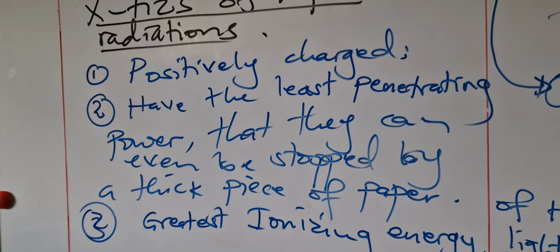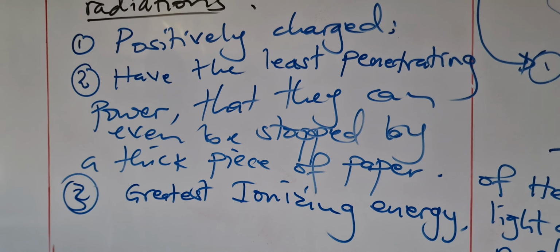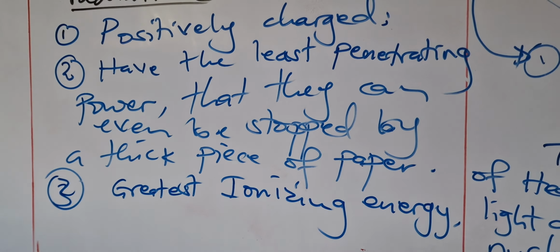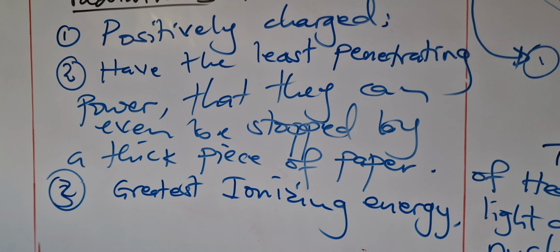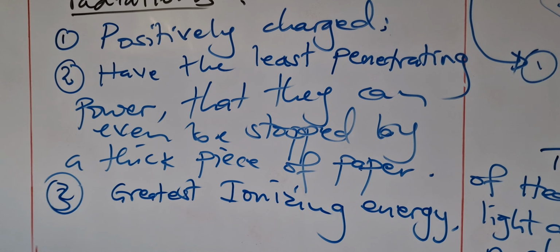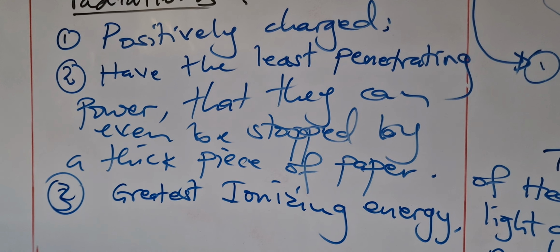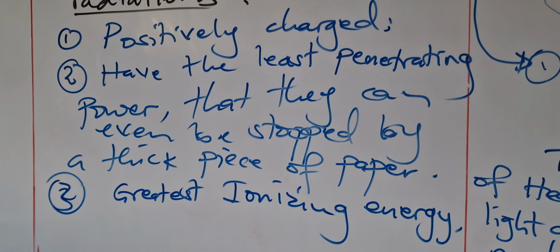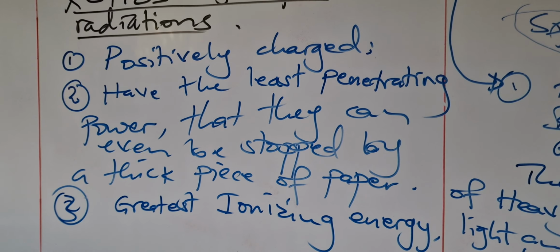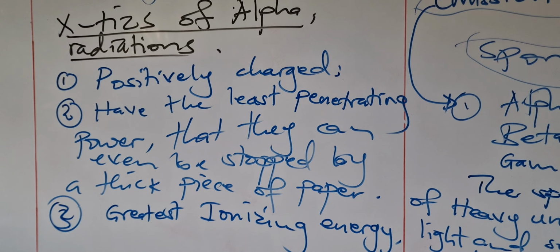We are giving some of the properties of the alpha radiations. They are positively charged. We've mentioned that. They are a helium atom or a helium nucleus, like we said. We are right to say nucleus because it has no energy levels due to absence of electrons.